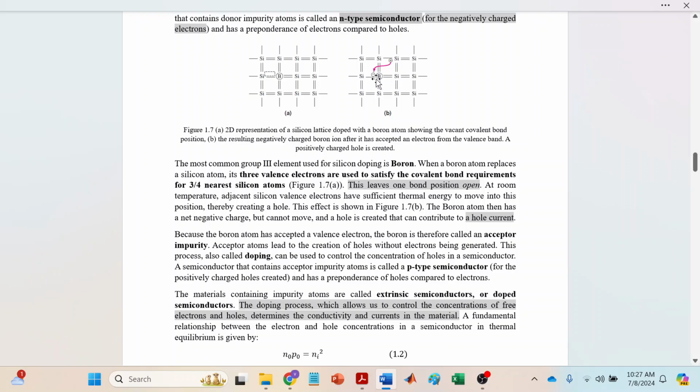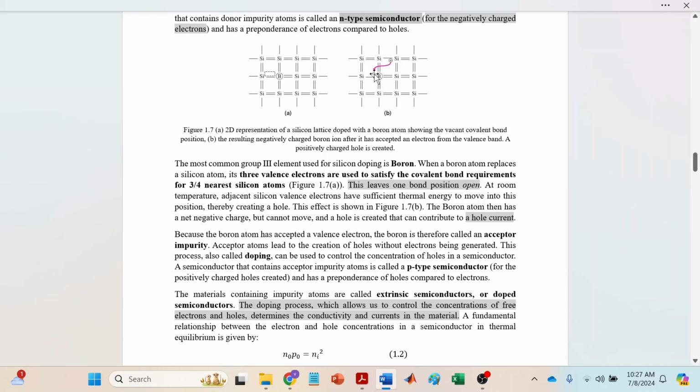The boron atom itself has a net negative charge. Why does it have a net negative charge? Because the hole is a positive charge and it has already moved, because an extra valence electron has come into that empty state.